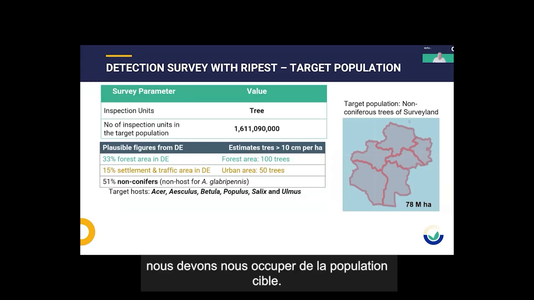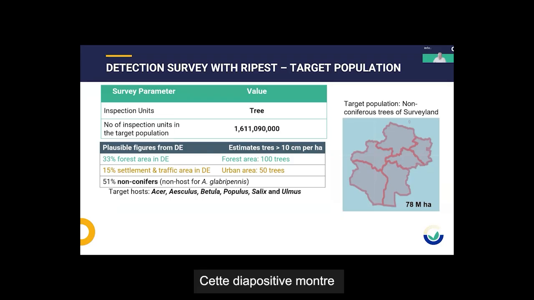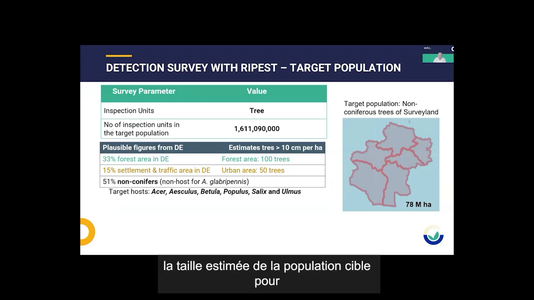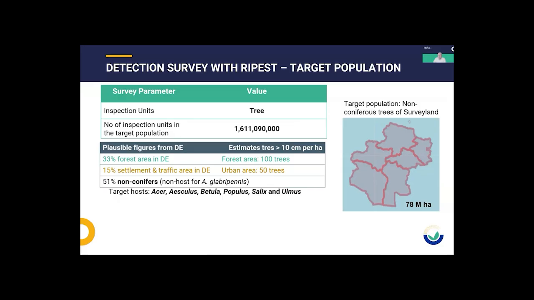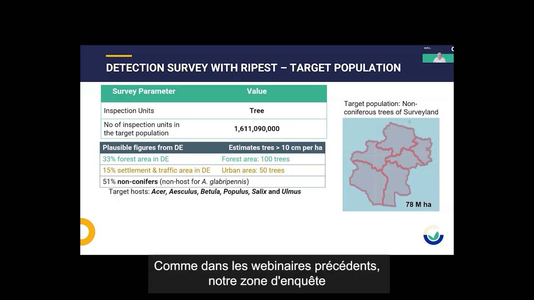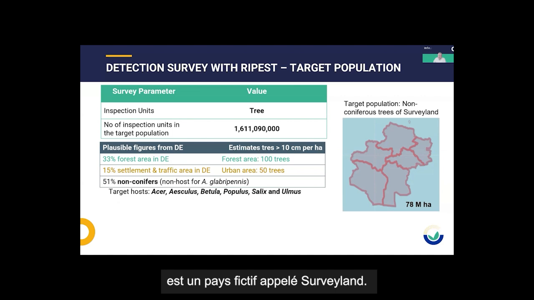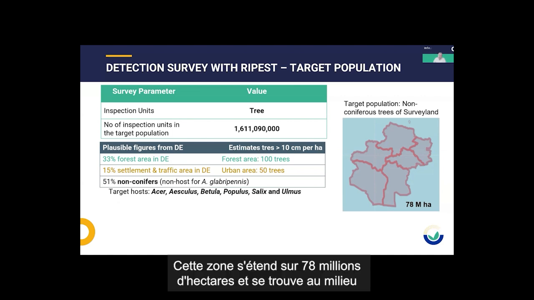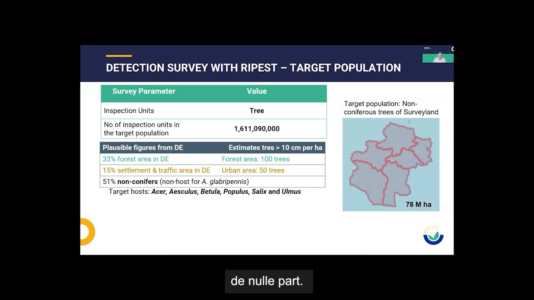So first, we have to deal with the target population. This slide shows the estimated target population size for Anoplophora glabripennis in our survey. Our survey area, as in previous webinars, is an invented country called Surveyland, that has 78 million hectares and is in the middle of nowhere.